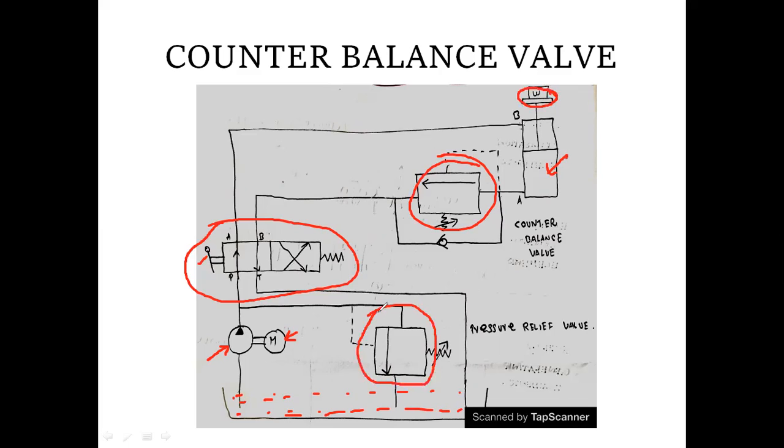And then we're having a pressure ratio. After the fluid enters the cylinder and after the output of the cylinder, the fluid enters the pressure. So to control the pressure, we're going for this pressure relief valve. So these are the components involved.